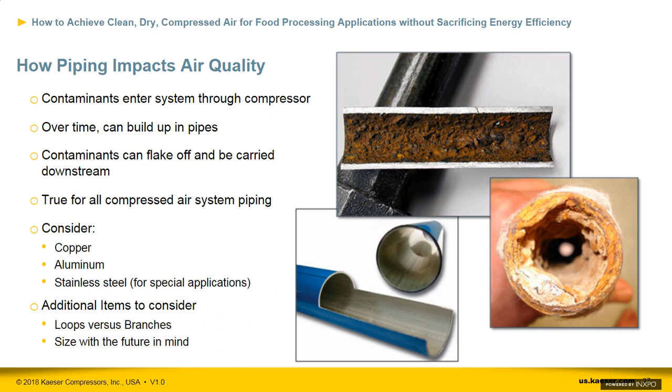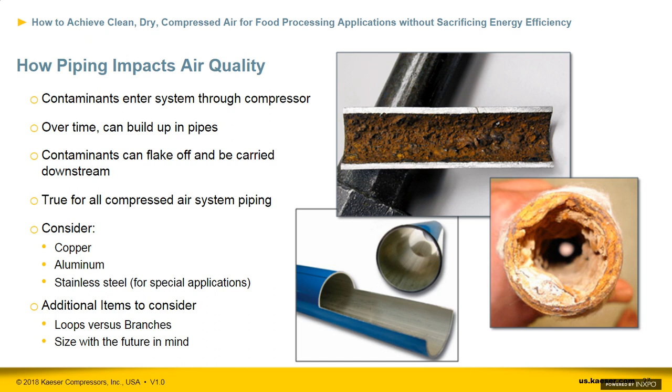Some piping materials are a source of contaminants that can flake off and migrate to the production equipment. If you need clean, dry air, I can suggest copper or aluminum. Stainless steel is also an excellent choice, but it's more expensive. It's typically only required for special applications.